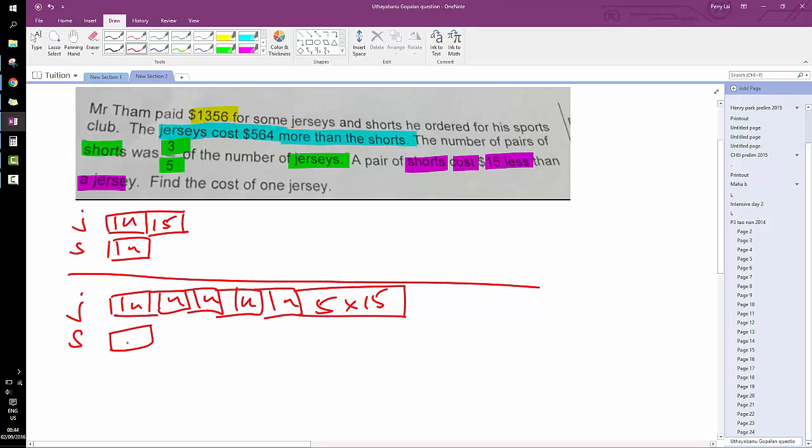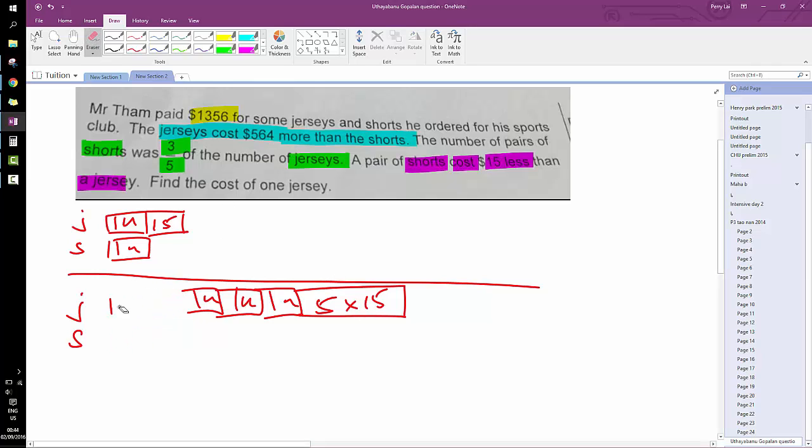Compared to just 1 unit of jerseys. Now this is just an example, it's not part of this question, I'm just highlighting a concept here, okay? So once again, if there were 5 jerseys, there will be 5 units and corresponding 5 of 15, because you need to take into account the extra cost of the jerseys.